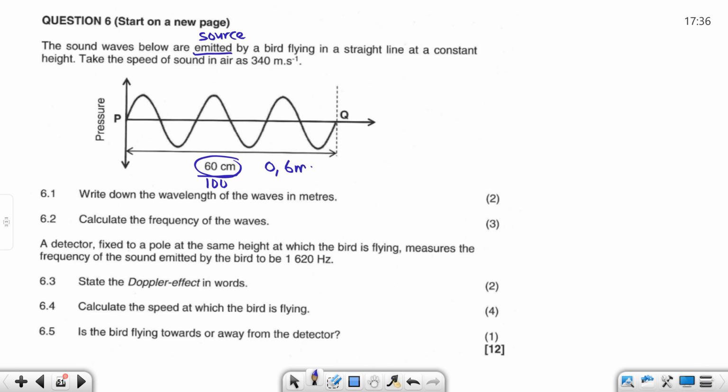Can I ask you something? How many waves are here? Is it 3? Are you sure? Really? No, guys, look at it again. Is it 3?